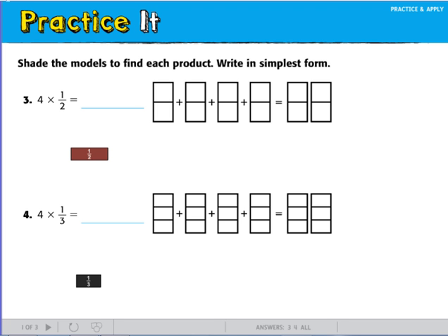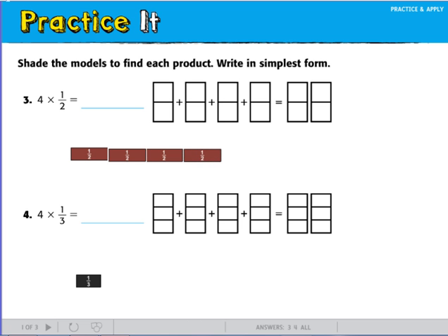Okay, so now we're going to use models to find each product and write it in simplest form. So, I have 4 times 1/2. Right here on my board, I have a 1/2 tile. How many 1/2 tiles do I need? 4. I need 4 1/2 tiles. I then want you to take the 1/2 tiles and lay them out side by side.